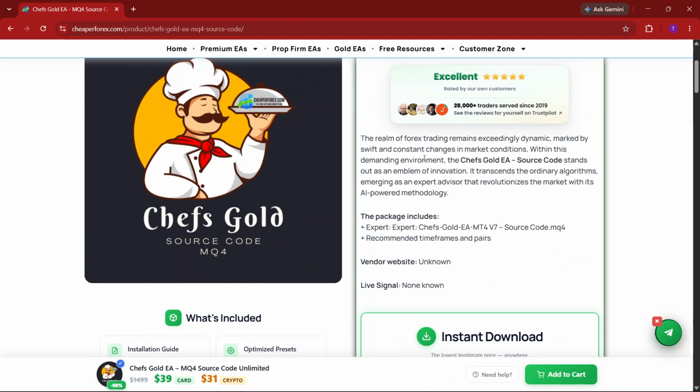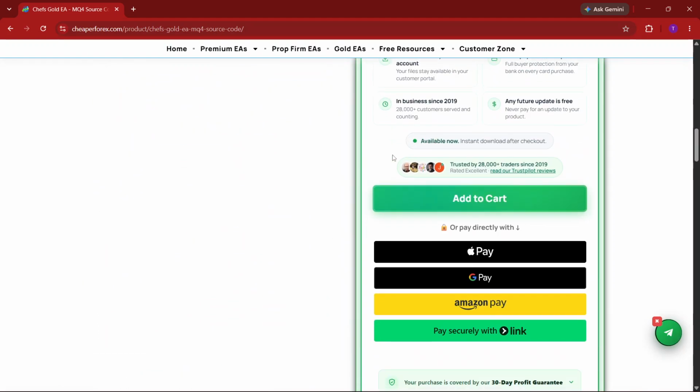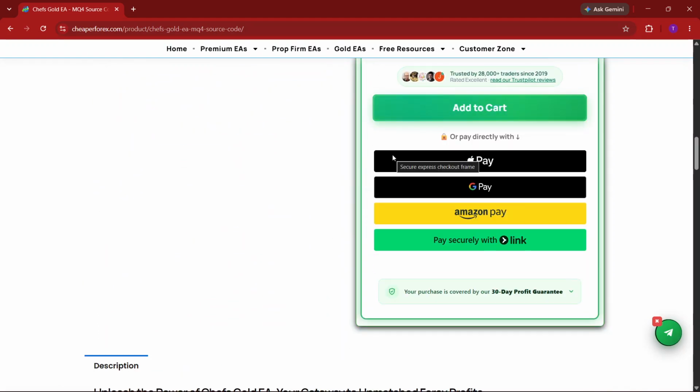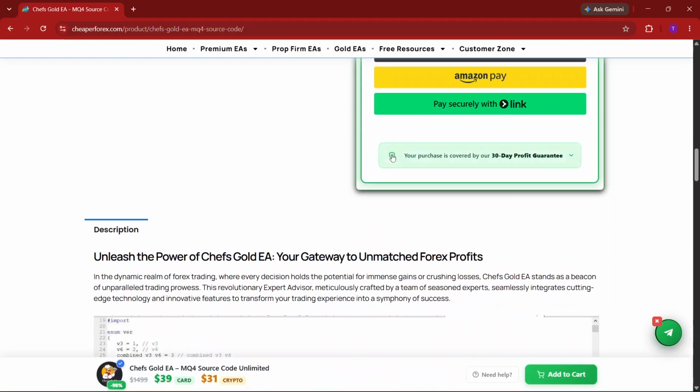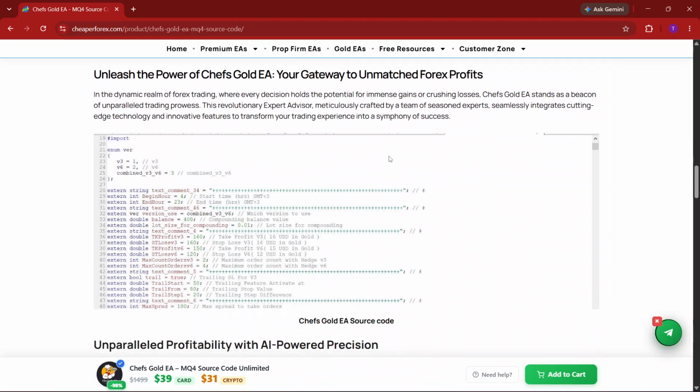They claim a prediction accuracy of 78 to 84% based on 10 years of data. The system is built exclusively for Gold USD, recommended on the 30-minute time frame, and it uses a compounding approach where profits get reinvested so the account can grow faster over time.